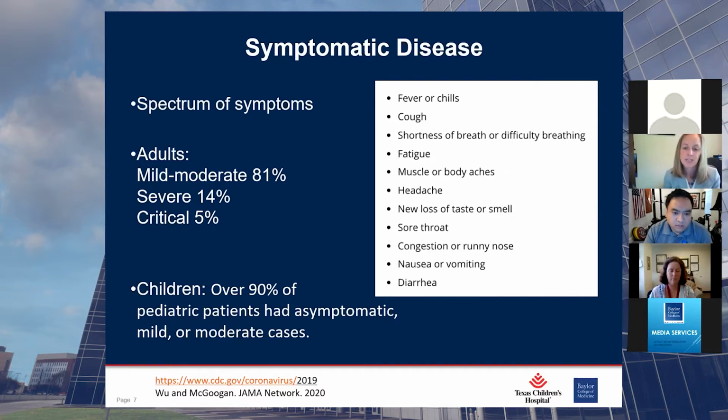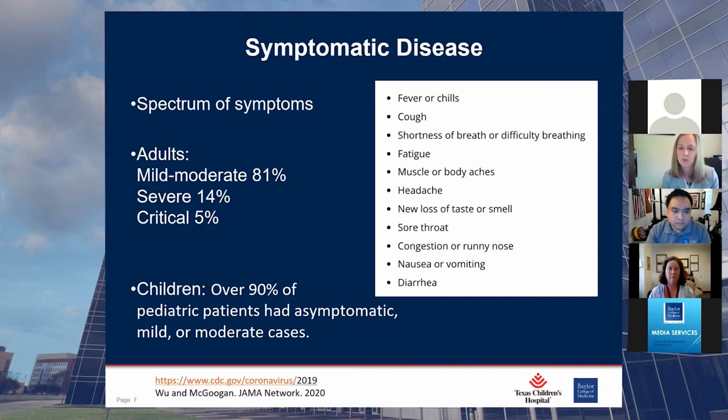And early data from the CDC Chinese surveillance studies found that about 81% of adults had mild to moderate disease, but nearly 19% went on to develop severe and critical disease with a case fatality rate of over 2.3%. Now, in comparison to that adult data, which varies based on your region, of course, children are much more likely to have either asymptomatic, mild, or moderate disease.